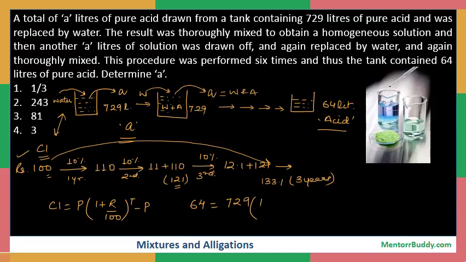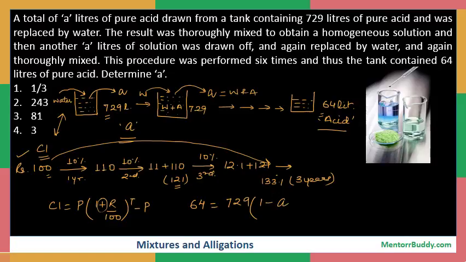Now see what is happening. Initially the acid content was 729 and finally it was 64. That means it keeps on decreasing. Whereas in the case of compound interest, initially it was 100 rupees and after 3 years it was 133.1. That is, it increased. Therefore, there was a plus sign in between. So here, because it is decreasing, I can put a negative sign.